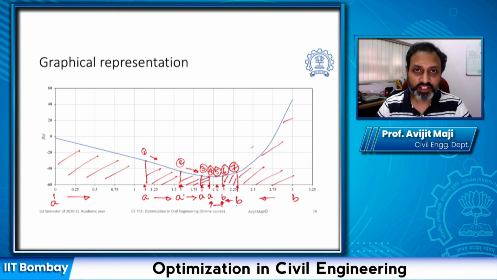So in today's lecture, we learned about the region elimination method. We discussed 2 different region elimination methods. One is related to the interval halving method, and the second one was related to the Fibonacci search method.